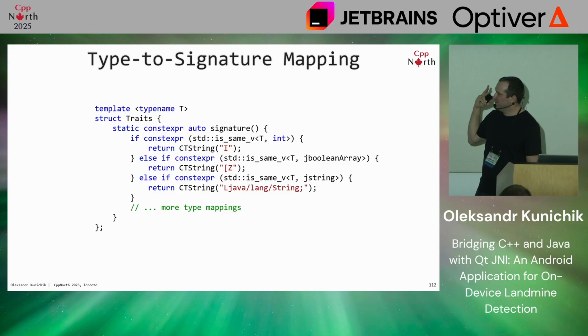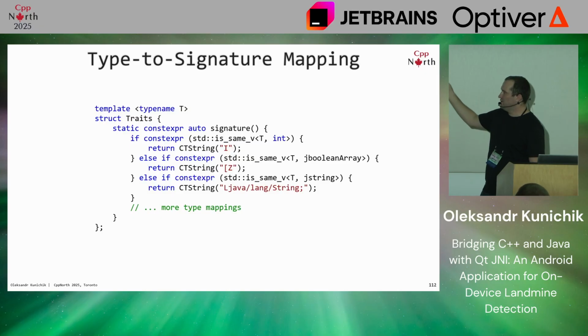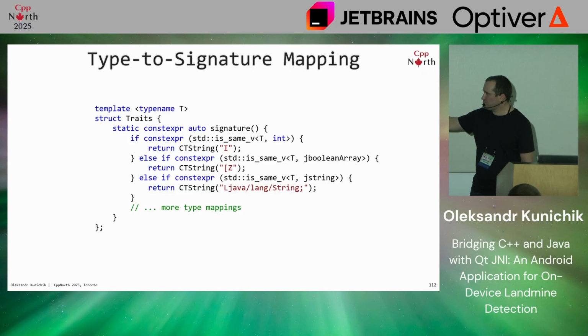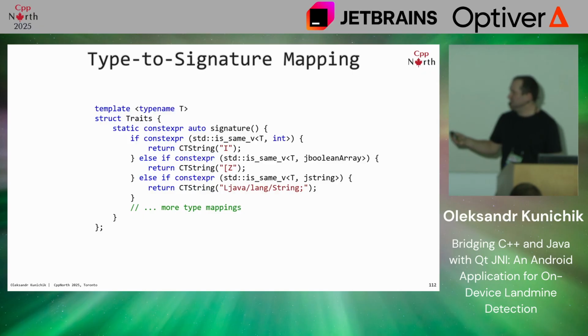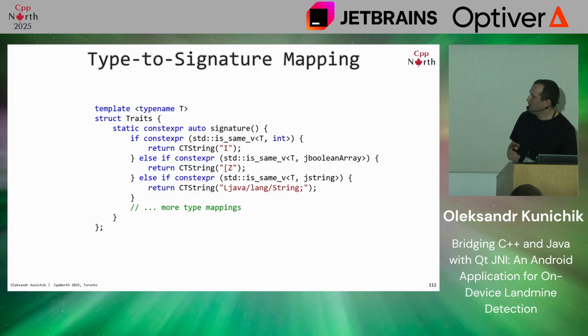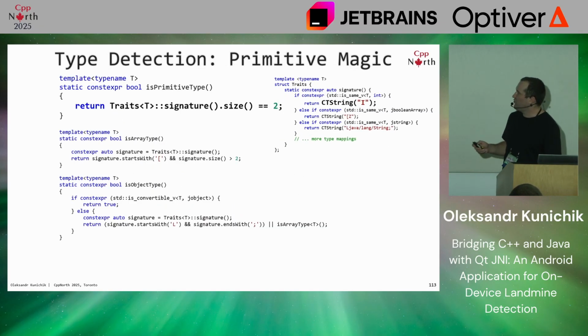They usually have a size of 2, like with null-terminated symbols. If it's an array, it has a square bracket, and then that. And if we have a string or another object, we have, as I mentioned, L, and then the name of the type. So it works like this.